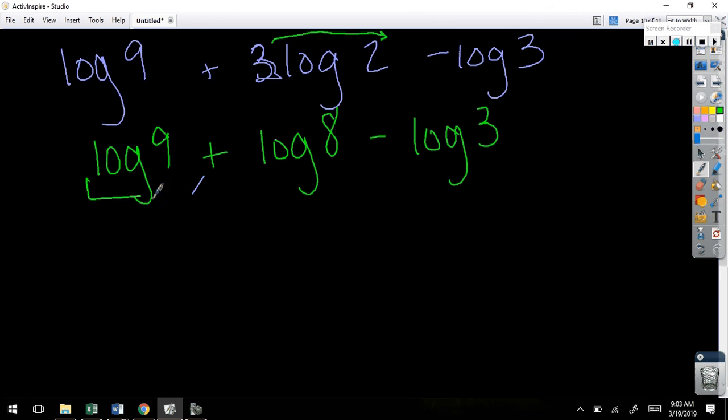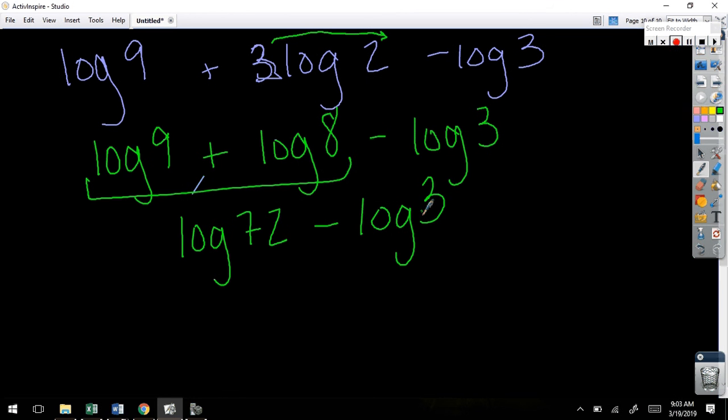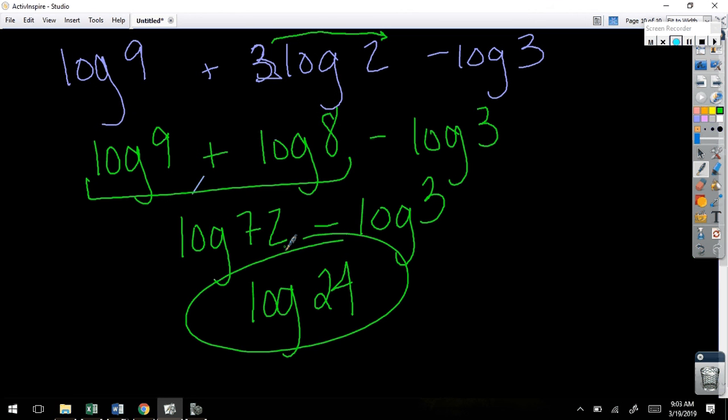Multiply. Somebody said add means multiply. That's right. This becomes log of what? What's 72 divided by 3? See how nicely that condensed down?